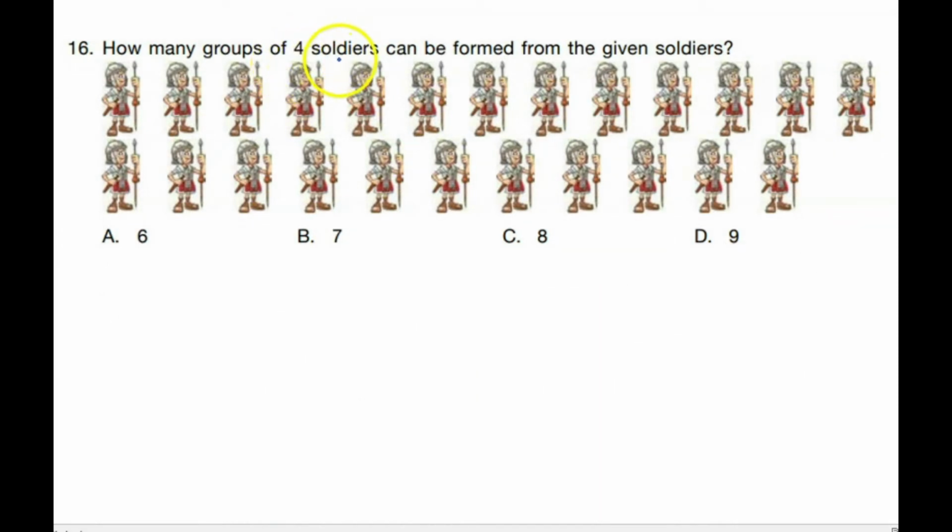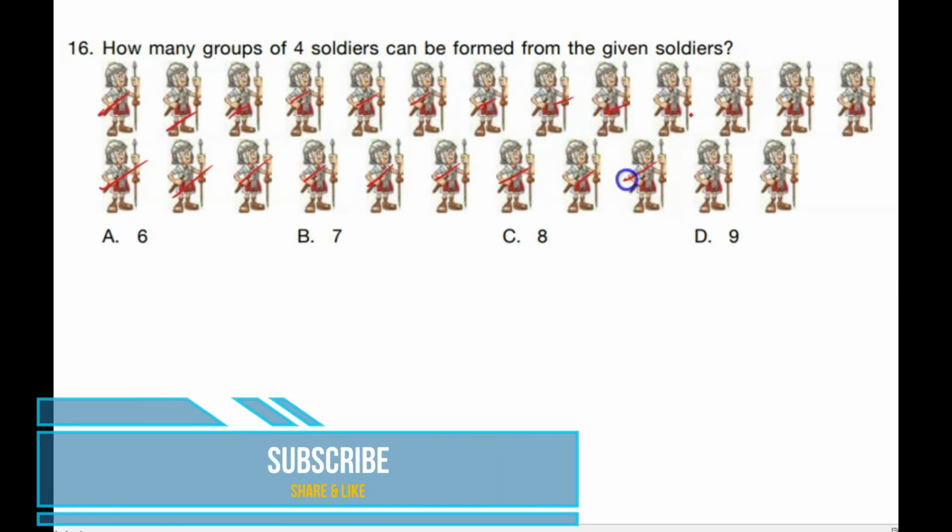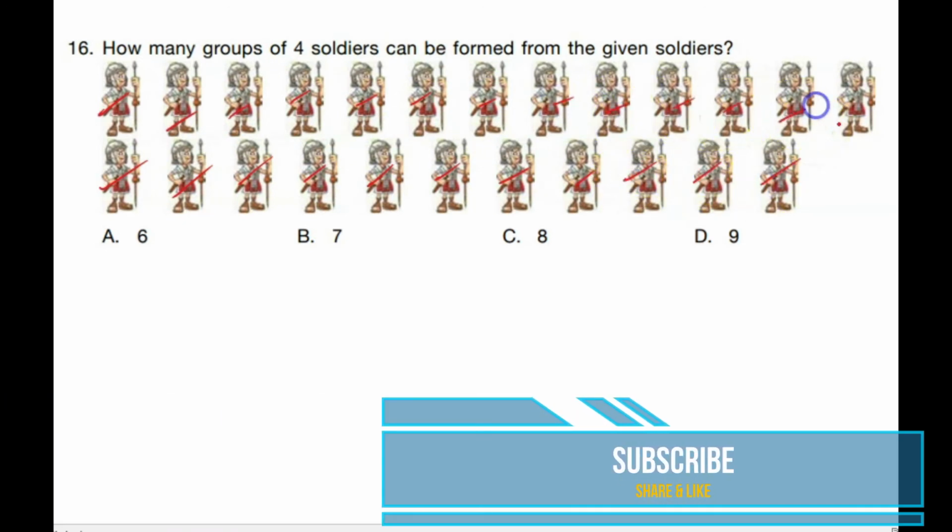How many groups of four soldiers can be formed from the given soldiers? Okay, so let's count total soldiers present here. 1, 2, 3, 4, 5, 6, 7, 8, 9, 10, 11, 12, 13, 14, 15, 16, 17, 18, 19, 20, 21, 22, 23, 24.